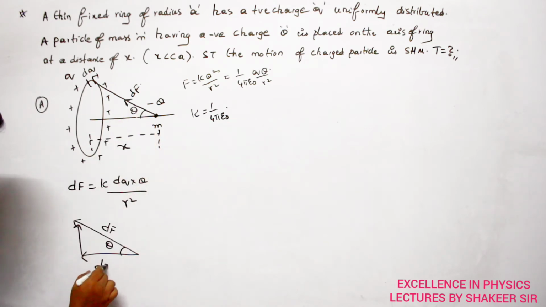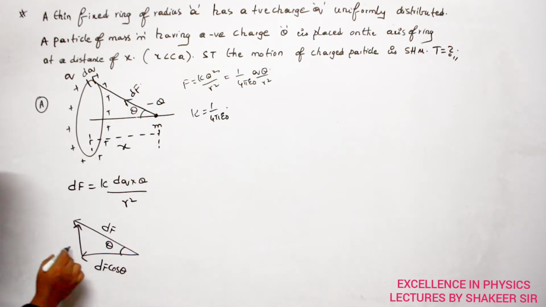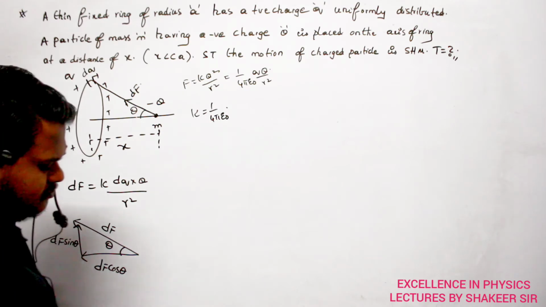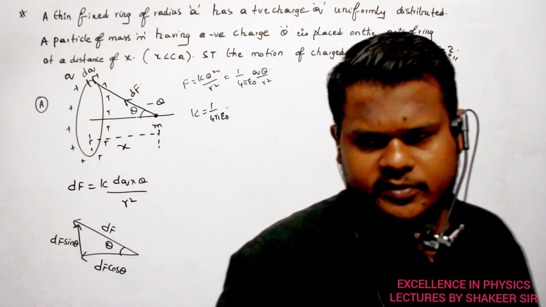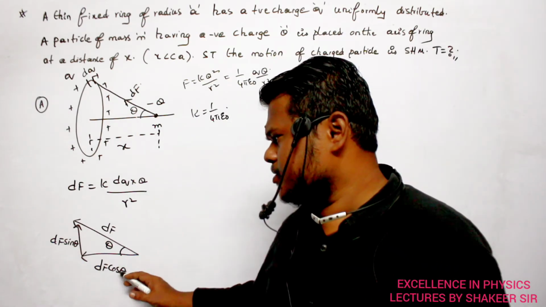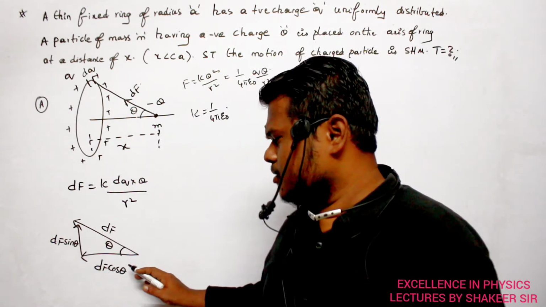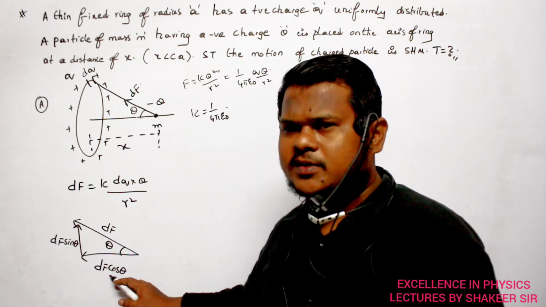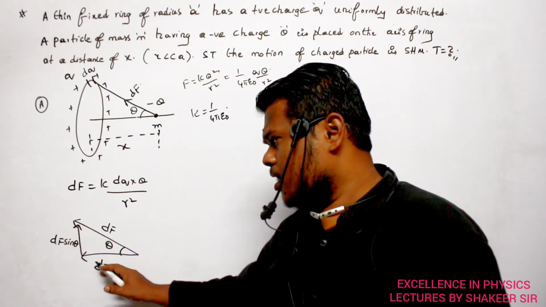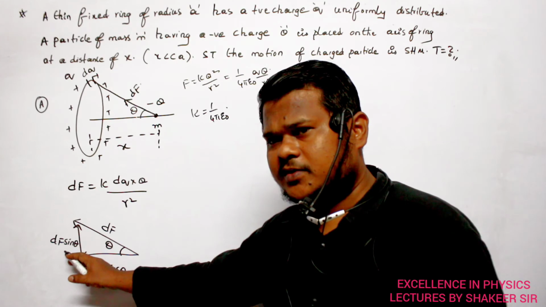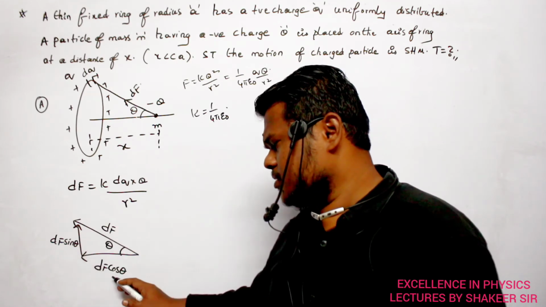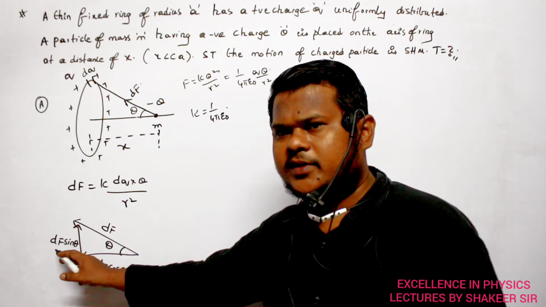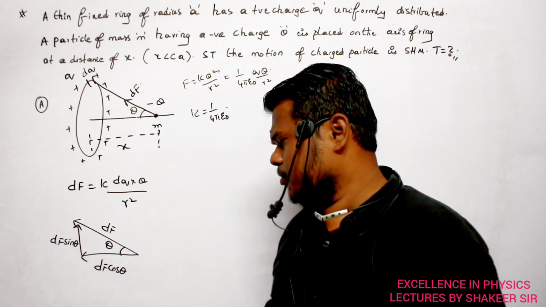Then this is df cos theta, and this is df sin theta. So adjacent side will always be in terms of cos theta, opposite side will always be in terms of sin theta. Are you able to understand?